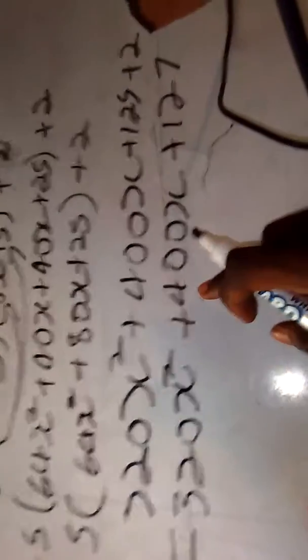So finally, after a lot of work, we have f of k of x, sorry, f of k of x is equal to 320x squared plus 400x plus 127. So that's it for that question.